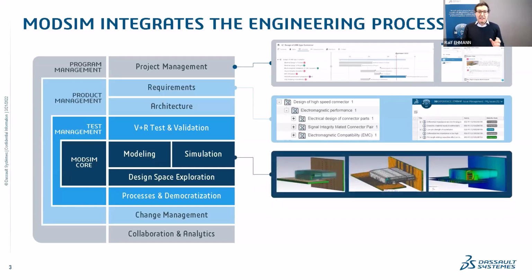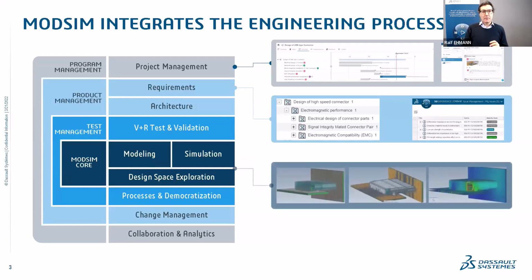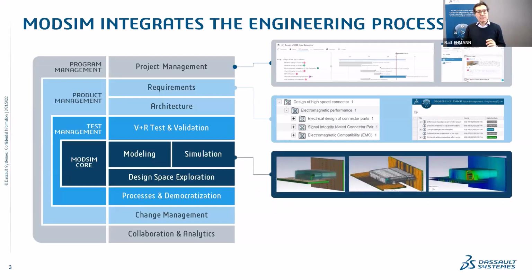In the next layer, the strong blue color, we can manage our tests. This covers real tests as well as virtual tests, like, for example, simulation. These tests are directly linked with the process, which tells us how to perform the test. Processes have direct access to the model and its parameters.